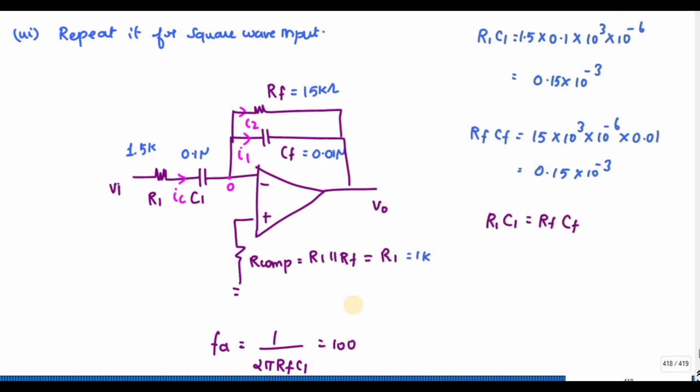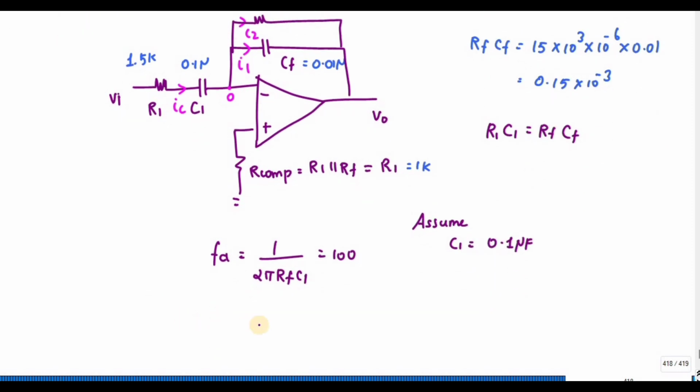So if I assume C1 is equal to 0.1 microfarad, you substitute here.